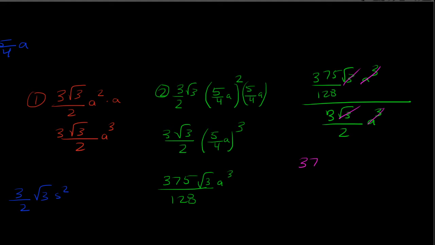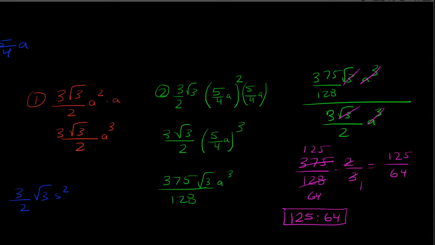I'm left with 375 over 128 divided by 3/2. The same thing as multiplying by 2/3. That's going to be 64. That's going to be 125. So that's going to be 125 over 64. So the ratio of the big one to the small one will be 125 over 64. So that's for the volume.